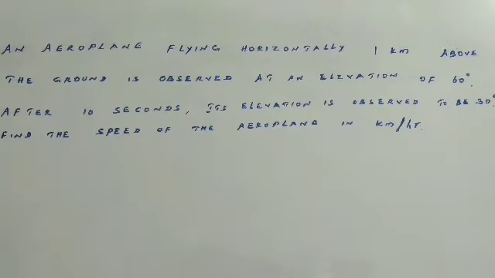After 10 seconds, its elevation is observed to be 30 degree. So after 10 seconds, the position of the aeroplane will change. Now they are asking to find the speed of the aeroplane in kilometer per hour.